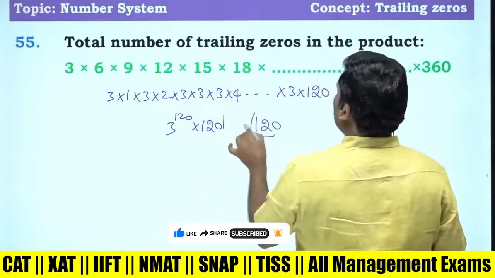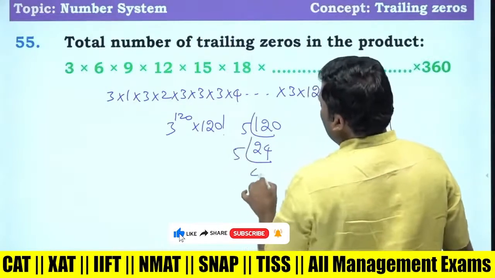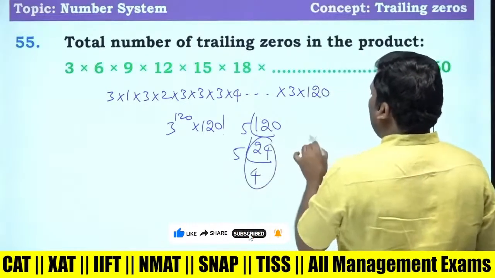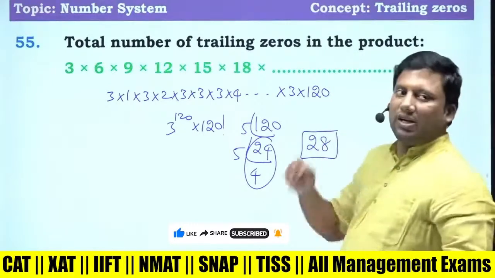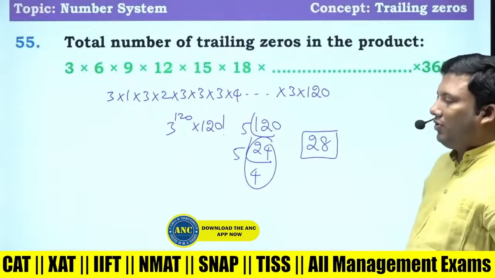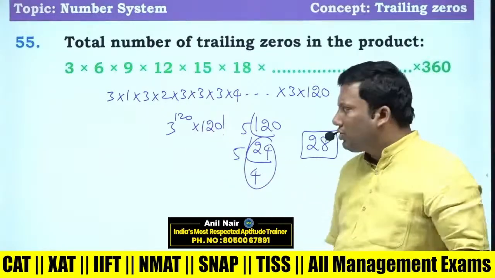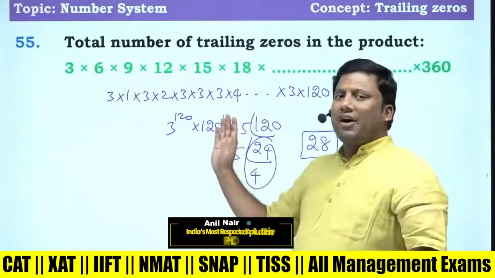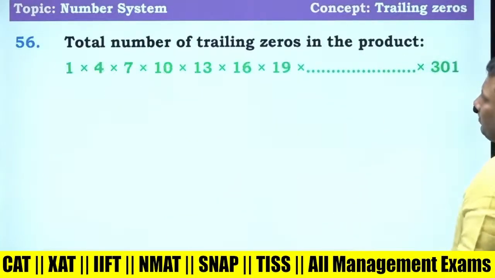The number of trailing zeros in a factorial depends on the power of 5. 24 plus 4, so the number of trailing zeros will be 28. I hope it is clear. 3 power 120 is of no use to us; 120 factorial gives the 5s. Answer is 28. Next one.